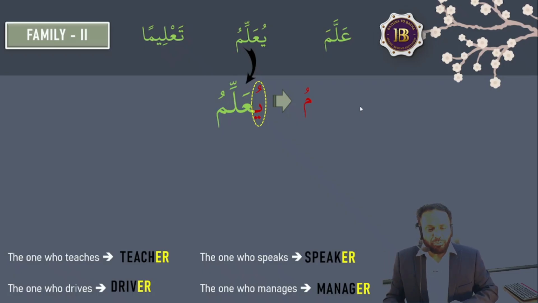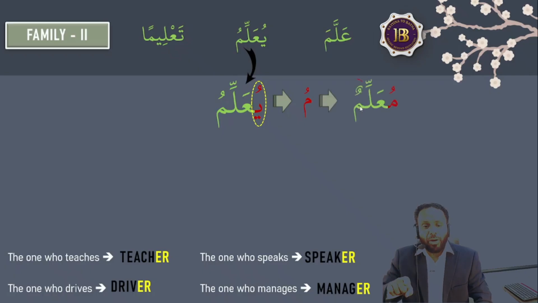Whatever action you are talking about. Now the action of allama means to teach. He taught. Yuallimu, he teaches. Taliman, to teach. Okay? So whoever does this action of teaching, what do they call him in Arabic? I don't need to tell you. What you have to do is take the present tense, replace the ya with the mu, and you get the doer. So mu is going to act like an er, but more powerful, more comprehensive. So what do you get?